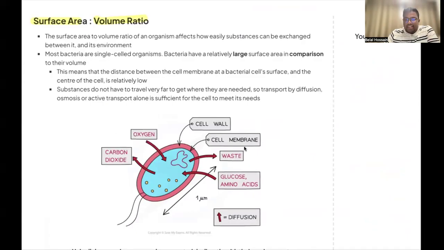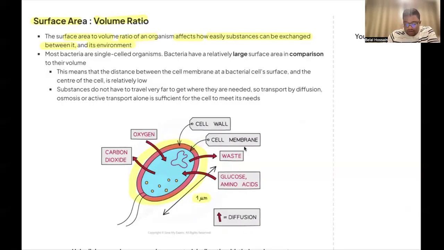The greater the surface area you have, the more easily those particles can get in. So, the surface area to volume ratio of an organism affects how easily substances can be exchanged between that organism and the environment.